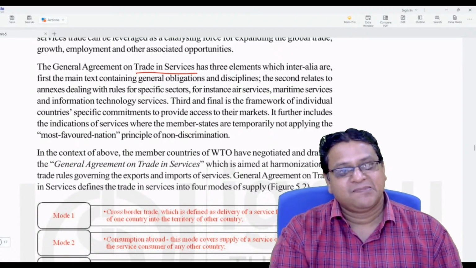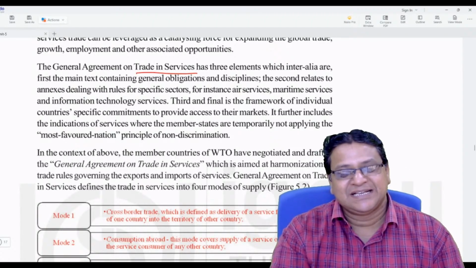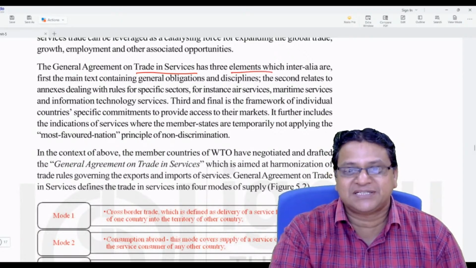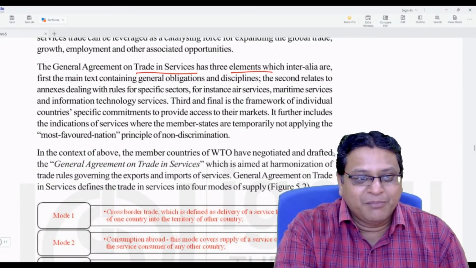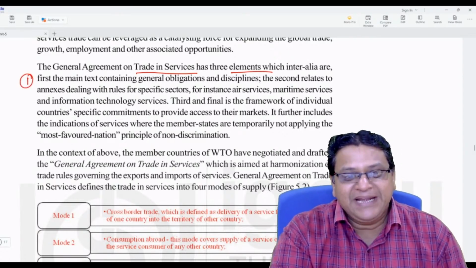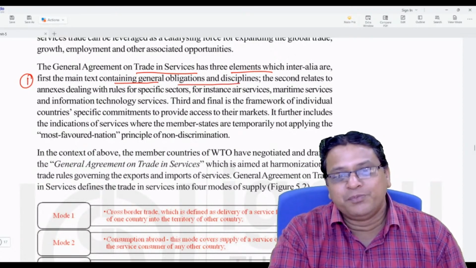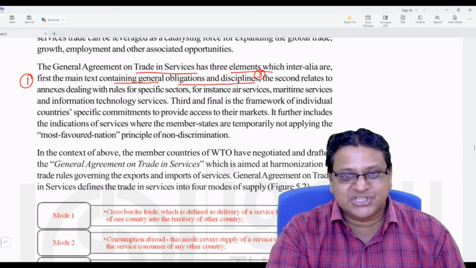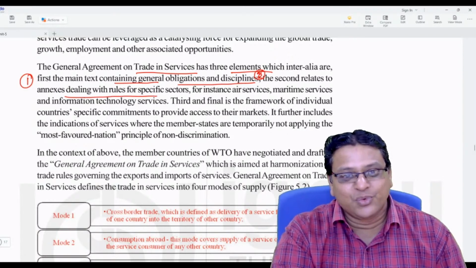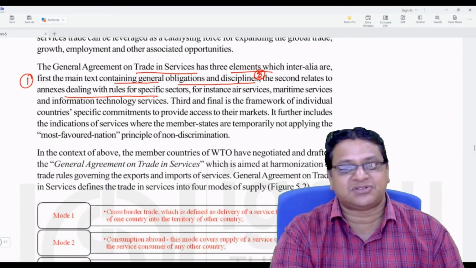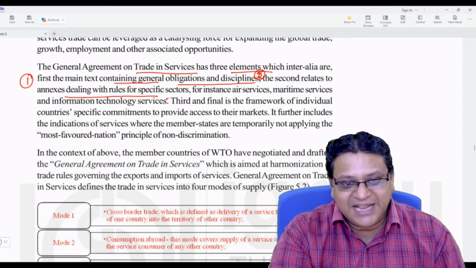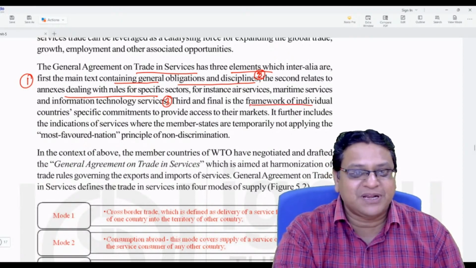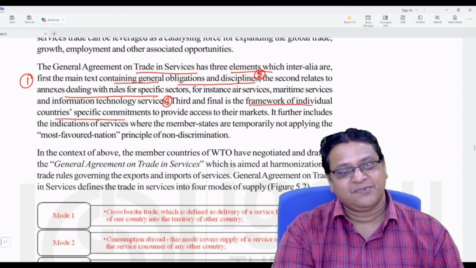So there are three elements in the case of the GATS agreement. First, the main text contains general obligations and disciplines. The second relates to annexures dealing with rules of specific sectors. And the third part of the GATS agreement is the schedules of individual countries' commitments.